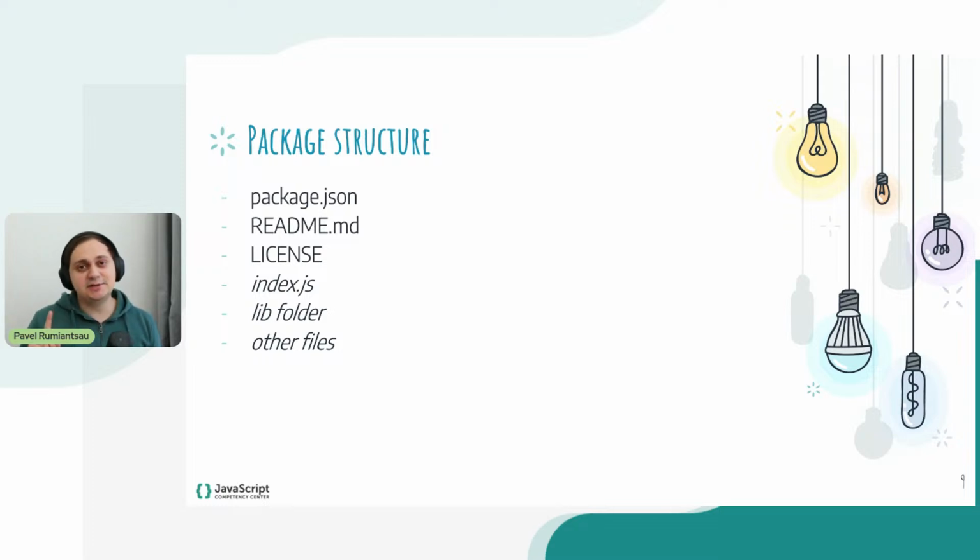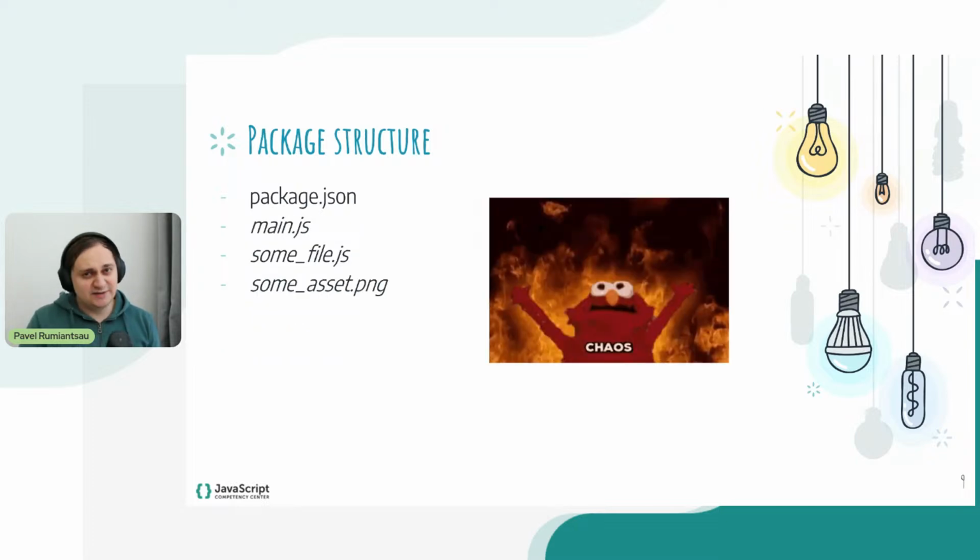But the interesting thing about NPM is that it allows you to do something like this. By default, you are not forced to use any structure. You can just create a full mess. You can write all files next to each other. You can store assets next to source code. You can even store all the code in one file.